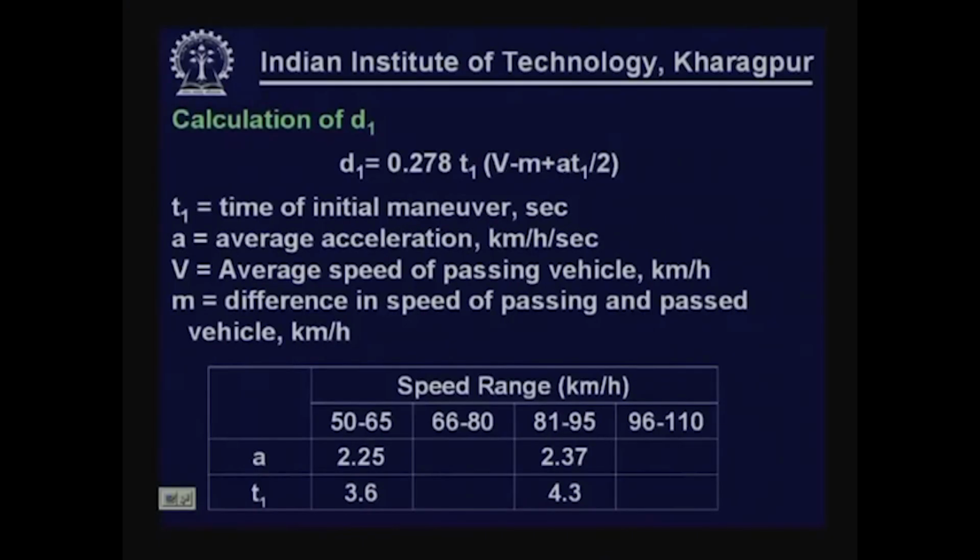The values are extrapolated to get suitable values of acceleration and time taken for the speed range between 96 and 110 km per hour. So, these values of A and T are available for different speed ranges. Using those values, one can calculate the length D1.